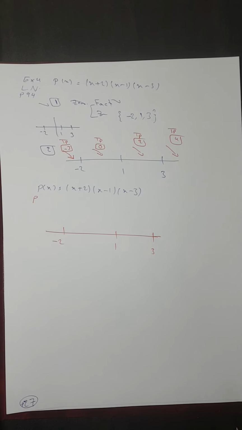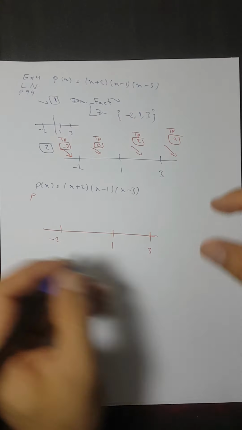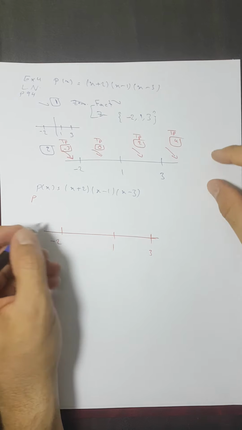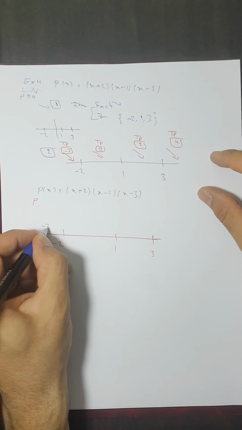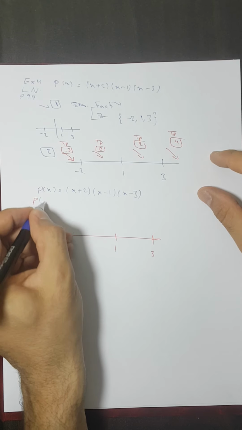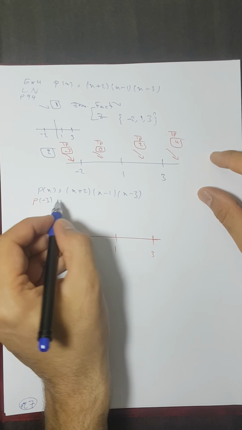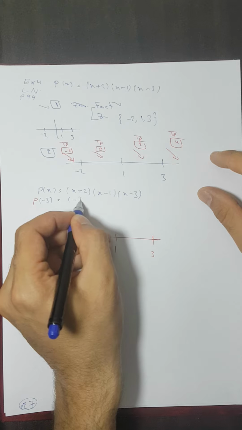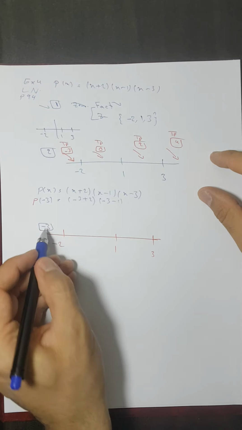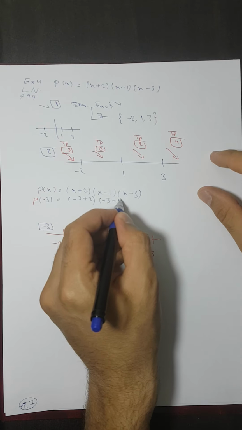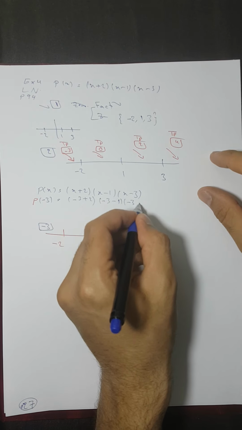For this purpose, we should find the test points here. Like if I put minus 3 here, I will get minus 3 plus 2, minus 3 minus 1, and so on. It means substitute minus 3 in the polynomial function, the original one.